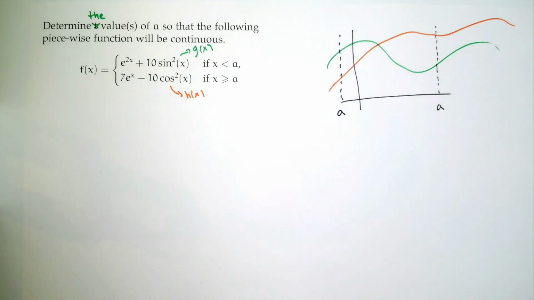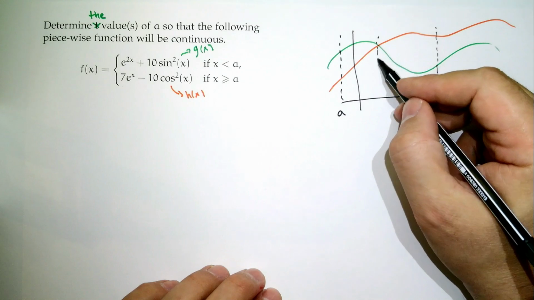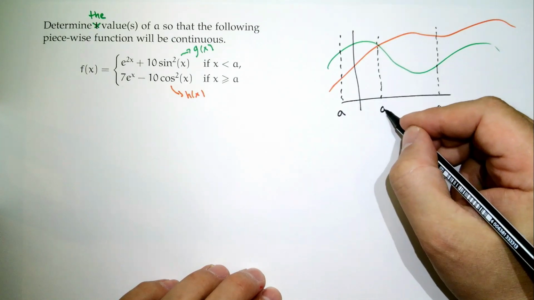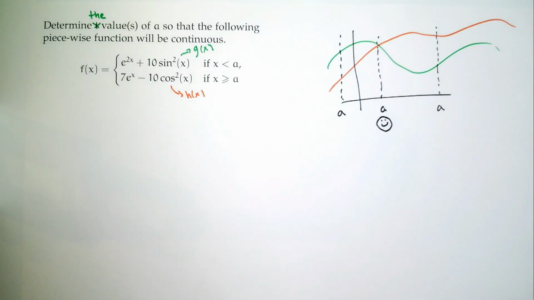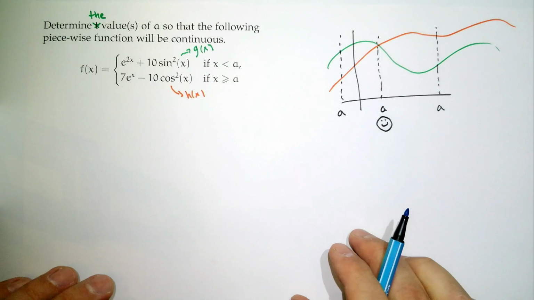We need to find that sweet spot where they cross. This is the value for A, which would make us happy. Because at that spot where they intersect, from the left and from the right, things would agree. And that means we can patch them together without having to lift up our drawing utensil, pen or pencil. All right, so now we have an idea.